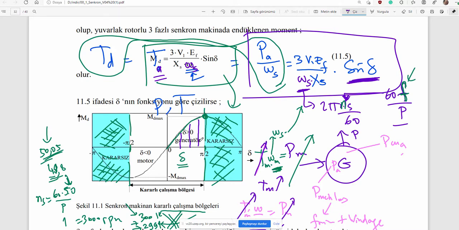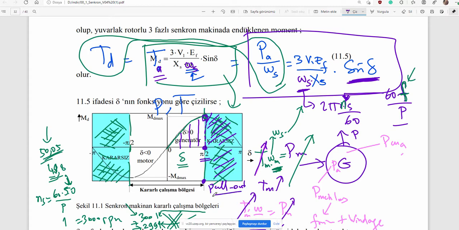It goes up to 90 degrees or pi over 2 radians. When you reach that limit, the machine goes out of stability. If it is generator operation, we call it the pull out point.